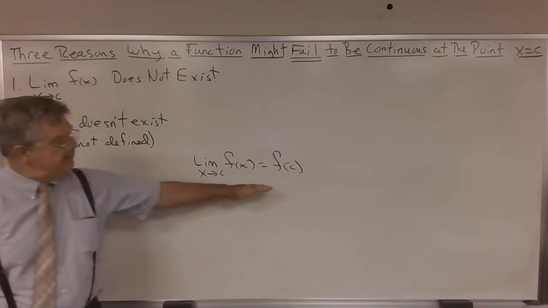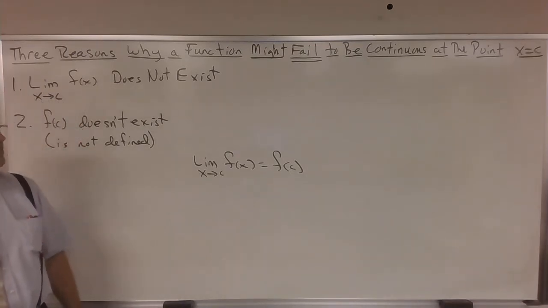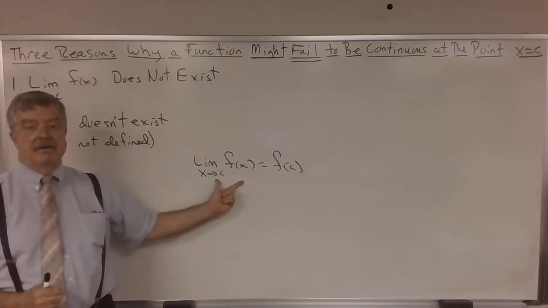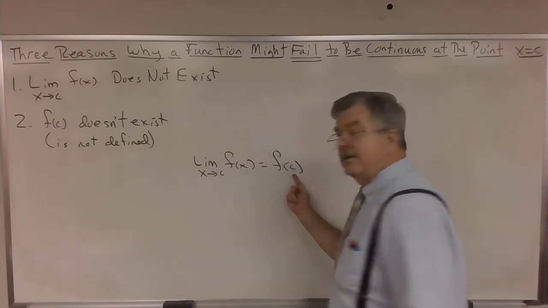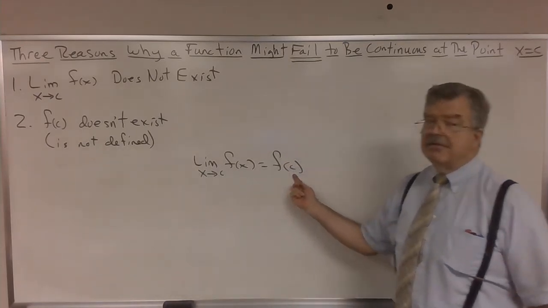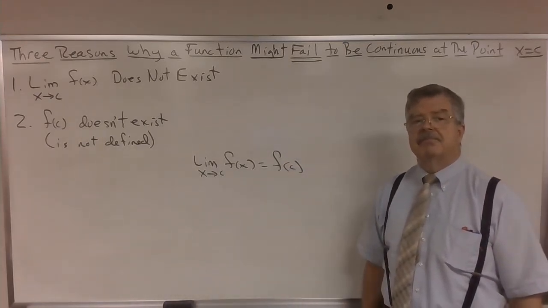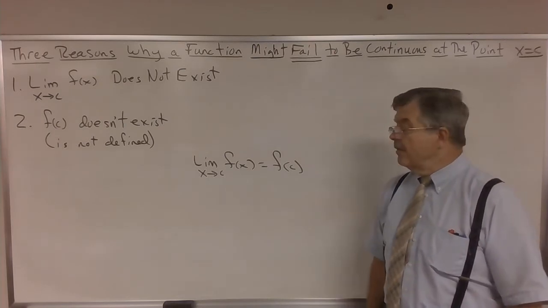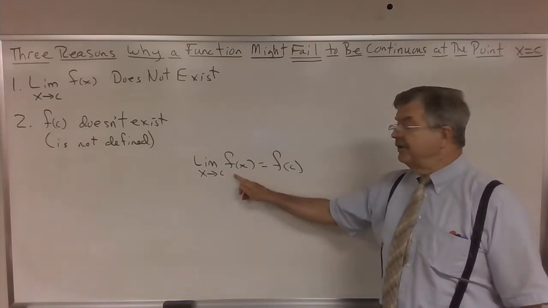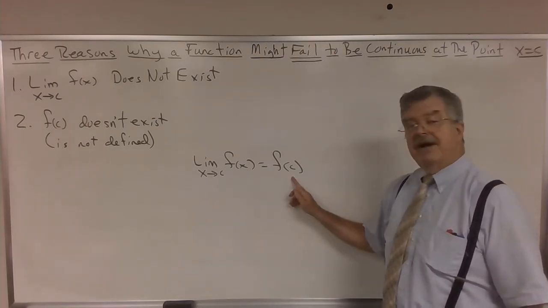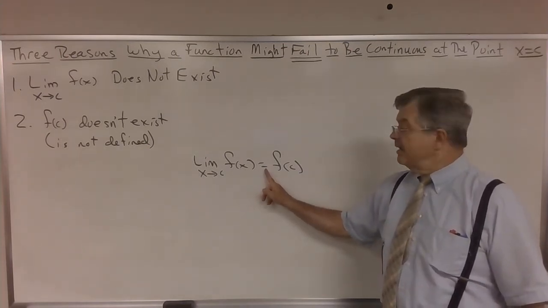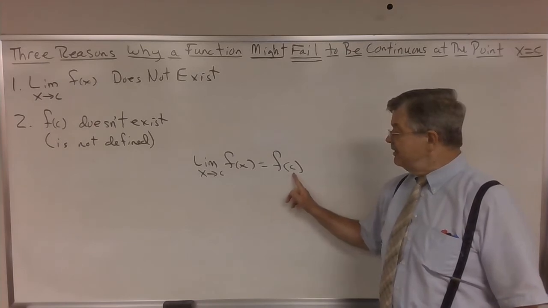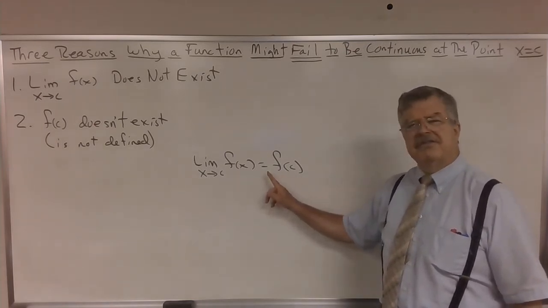So if this equation doesn't hold, it might be because something goes wrong on the left side of the equation. Or it might be because something goes wrong on the right side of the equation. Or maybe everything's fine on the left, everything's fine on the right. Maybe the problem is right here. Maybe this exists, but they're just not equal.